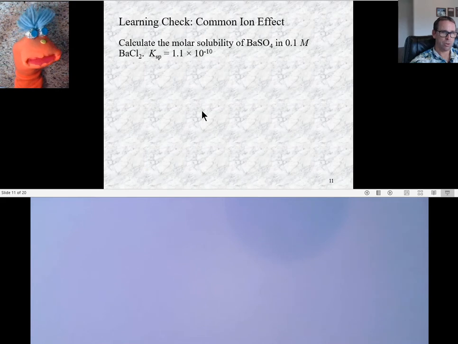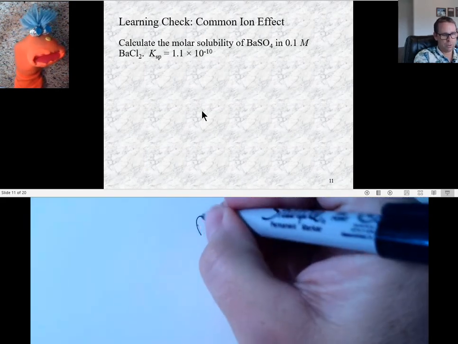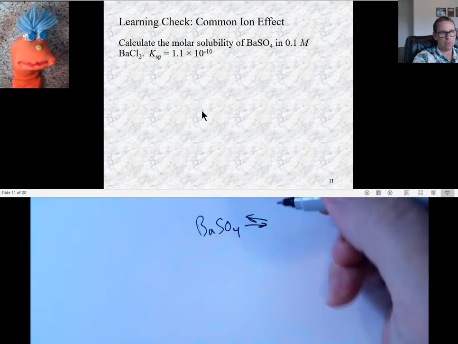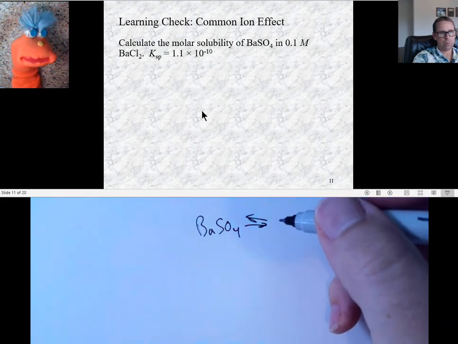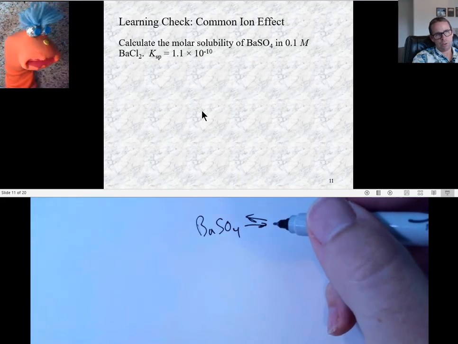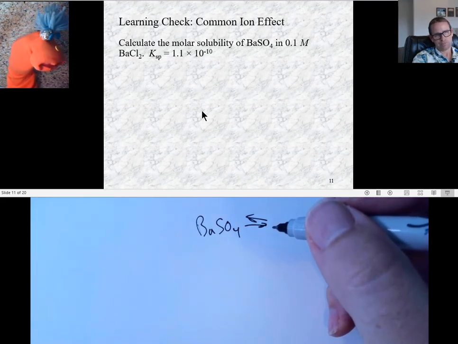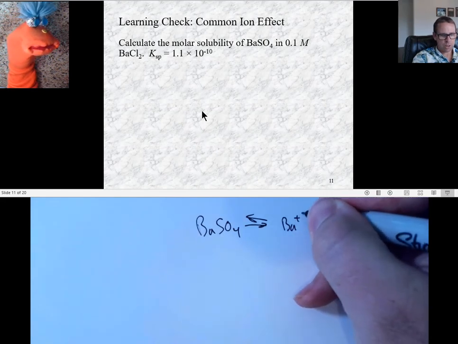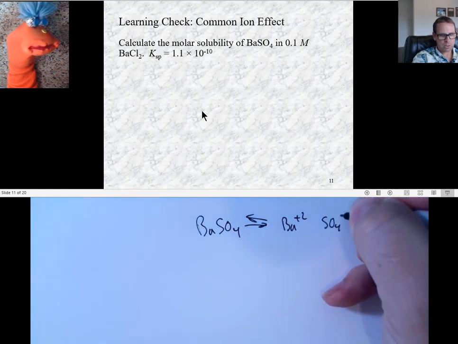Okay. So barium sulfate dissolves into barium ion and sulfate ion. Very good. Is it insoluble? I imagine so. Let me look at my solubility rules. Yeah, it is. It's insoluble. Okay, so we're watching it dissolve into barium ion and sulfate ion.